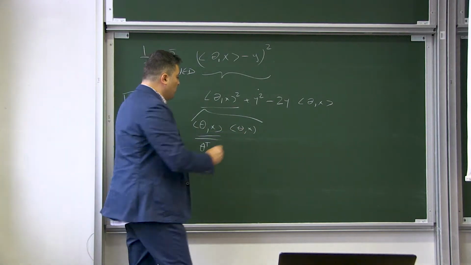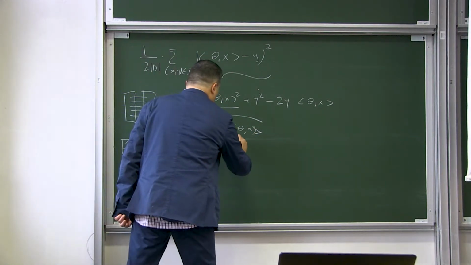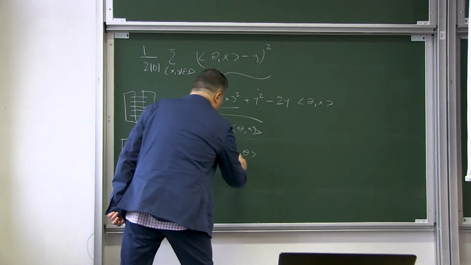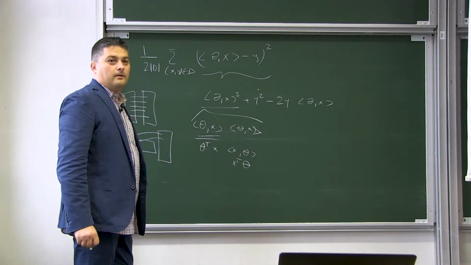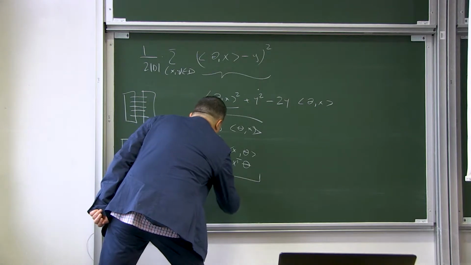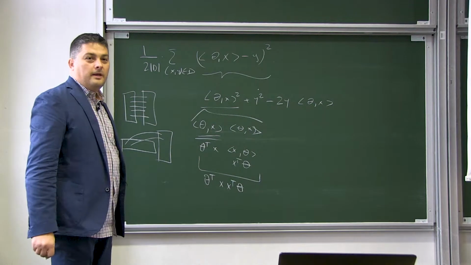This dot product here is symmetric, so we can turn it around. So this would be x theta. But x theta, we can also write it as x transpose theta. Okay? So ultimately, this will give us theta transpose x, x transpose theta. Okay?